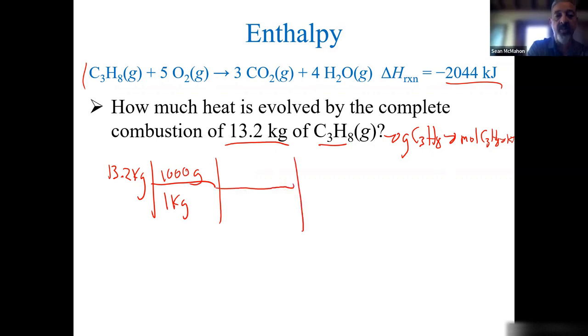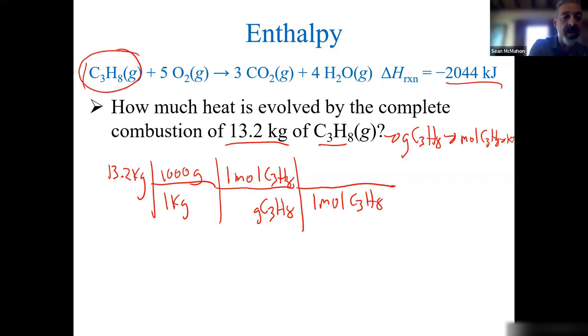Okay. Now what do I need to do? I need to convert grams of propane into moles of propane. And then 1 mole of propane, if that burns, according to my balanced equation, then I'm going to release 2,044 kilojoules.